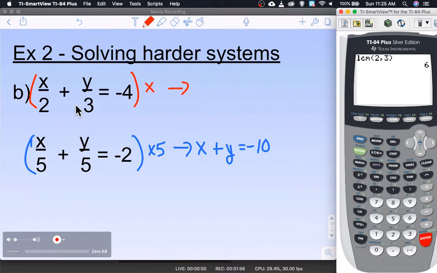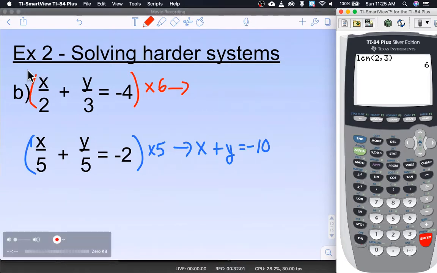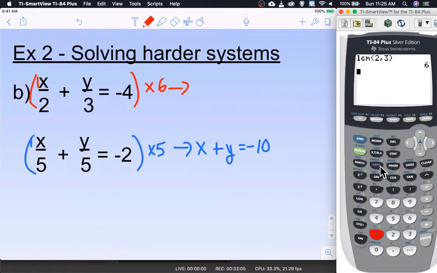If I multiply this entire equation by 6, check what happens. 1 over 2 times 6 is 3.